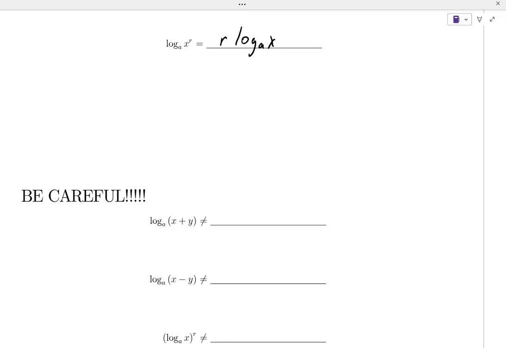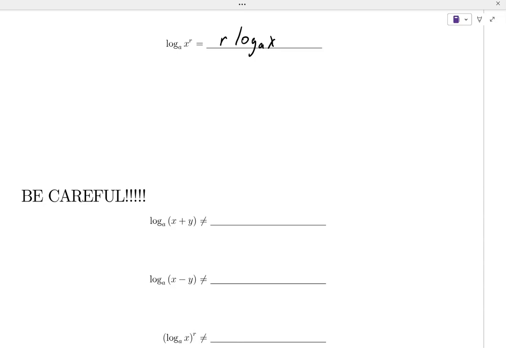The first one, what would you really like for that to be? What would you like to be able to do with that log relative to the sum? So, for example, if you had 3 times x plus y, what would you do with the 3? Distribute it, right? You really, really want to do that, right?